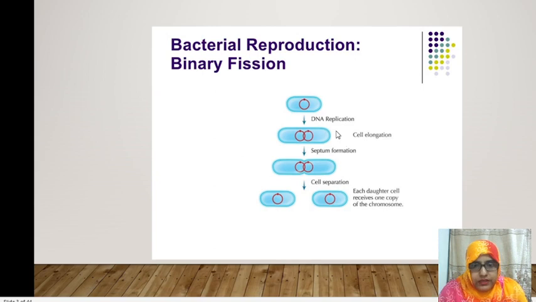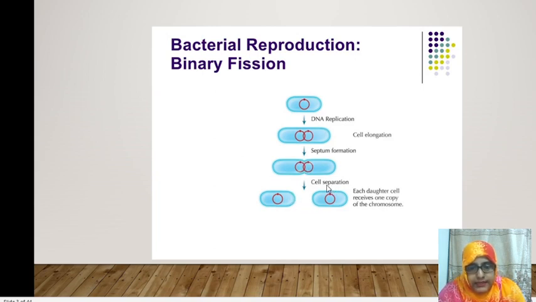You can see here DNA replication. Replica means making an exact new copy. Then the cell elongates, means the cell increases in size, the second step. Then formation of septum, means the formation of a layer. This septum is formed between these two cells, and the cells separate out.